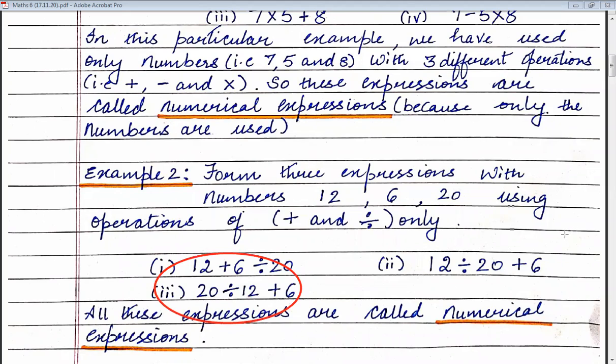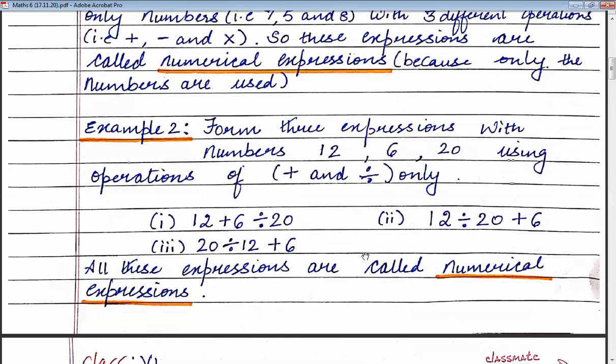You can clearly see in this oval box that we have used only numbers. So these expressions are called numerical expressions. I guess children, you are clear what numerical expressions are. Okay, so let us move ahead.